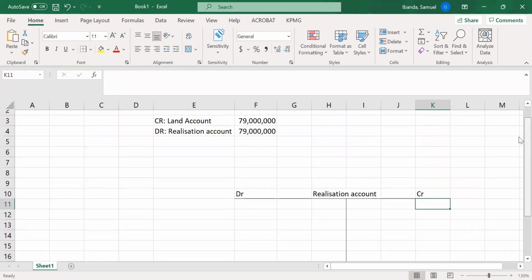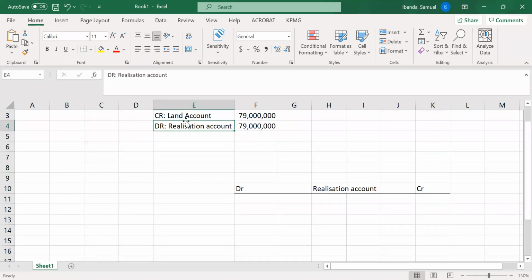As we can see here, they didn't ask us for the asset account, so we don't have to draw them. If you do this, then you have already been able to show what exactly you're going to do. So our main focus is the realization account, because that is what the examiner wants to see.